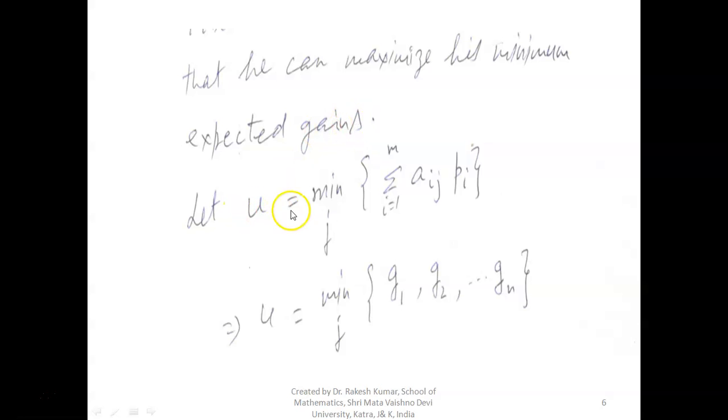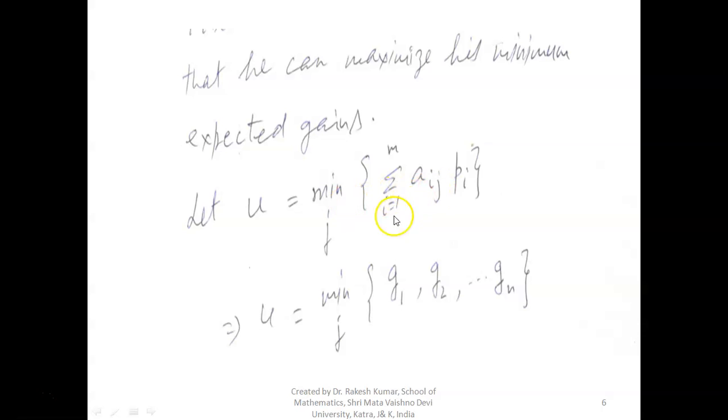So let U is equal to the minimum of the expected gains of player A against B's pure strategies. We have known this in the previous slide.